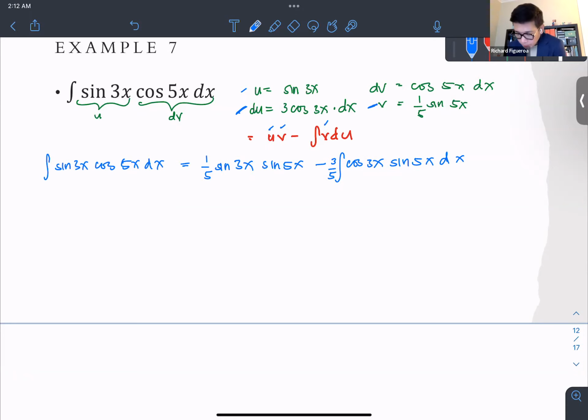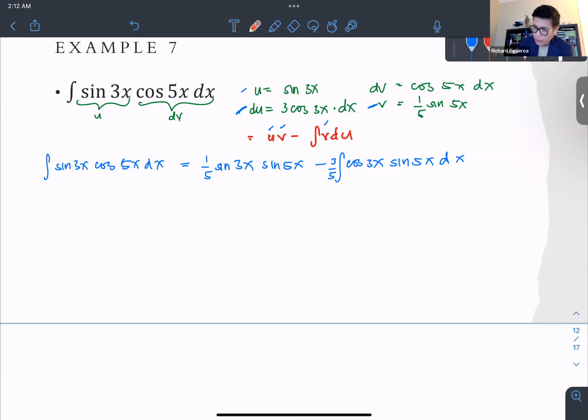But in those cases there is a possibility that it will go back to the original integrand, so we can reapply integration by parts. In this case, we have the negative 3/5 integral of cosine 3x sine 5x.